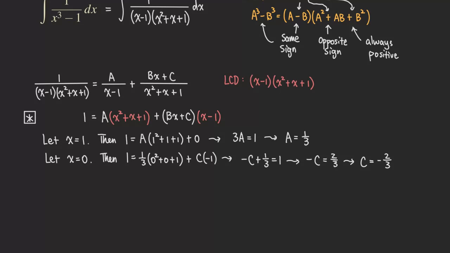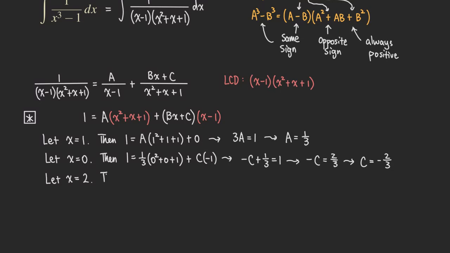So that's good. And now it's really up to you what you want to do to figure out the b. But we can simply plug in the a and the c back in, and then just choose another number to plug in, which will be nice. So I can choose a number like x equals, let's say 2.